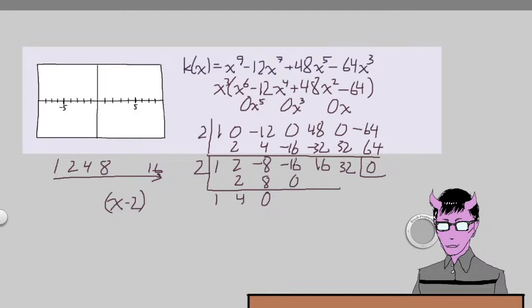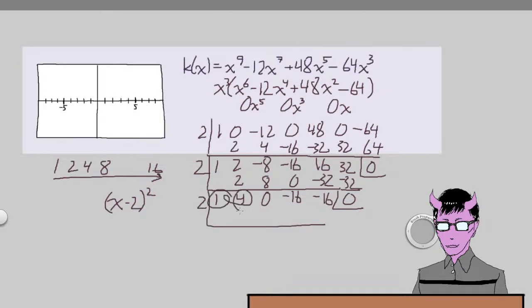We have 0, negative 16, that's nice. Negative 32, which gives us negative 16. Perfect. Multiply. That's negative 32, which, what do you know? That's nice. So we have this solution repeated twice. So it's squared.